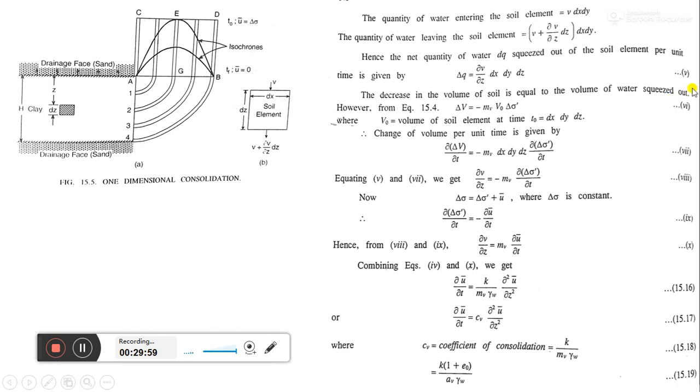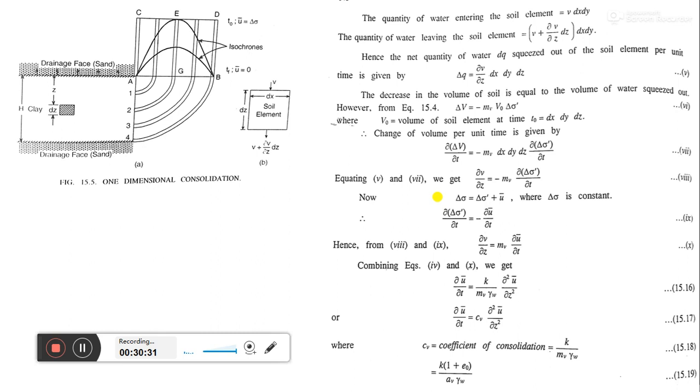these two equations, 5 and 7, we get del v by del z equals minus mv del delta sigma dash by del t, the incremental pressure. Now this incremental pressure delta sigma equals delta sigma dash plus u, where delta sigma is constant.